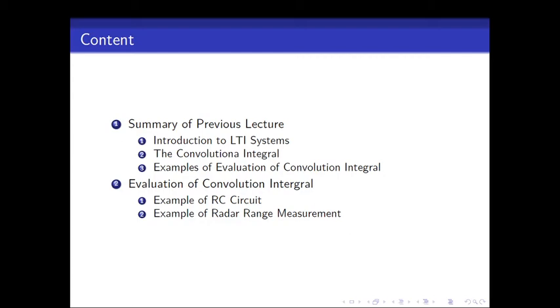In this lecture we continue with the examples, the evaluation of the convolution integral. Basically I have planned two applications. One is an example of an RC circuit, in which the input is given in terms of a pulse, and the impulse response of the LTI system is also given, and the question is how to evaluate the output of the RC circuit when the input is a pulse between 0 and 2.